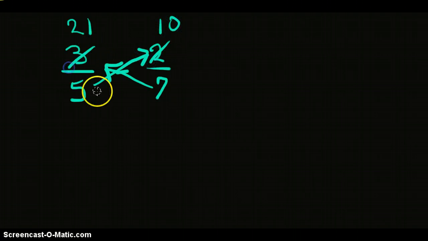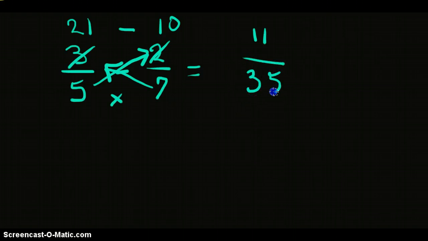Those become new numerators, and we're going to subtract this time and still multiply those denominators. 21 minus 10 becomes 11, and 5 times 7 is still 35. And again, we come up with a fraction that's very good. We don't have to reduce it. I love this method. I think it's so quick and easy.